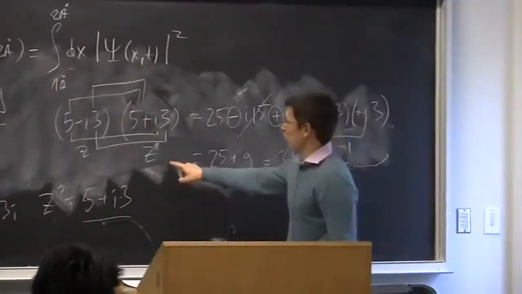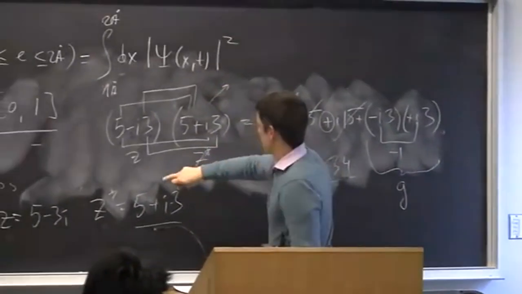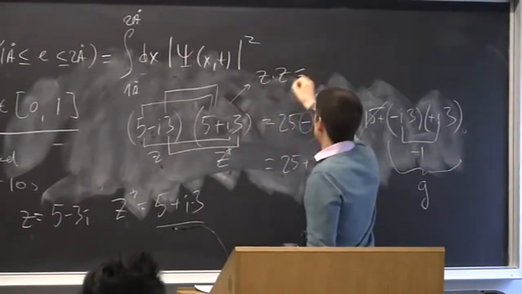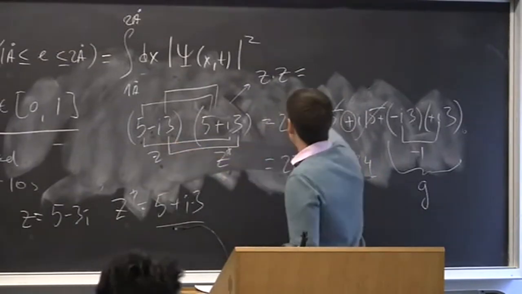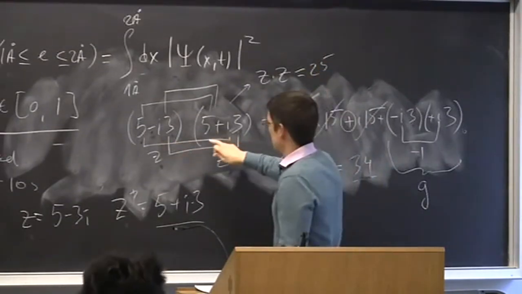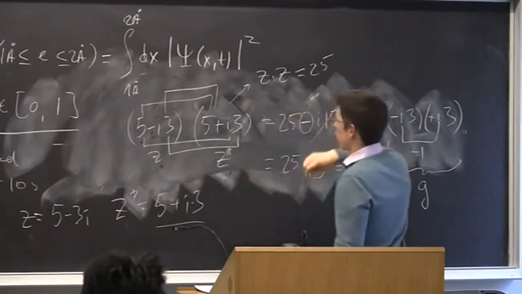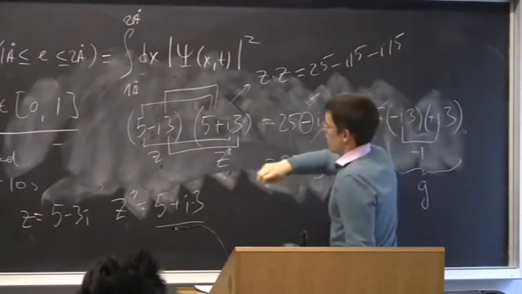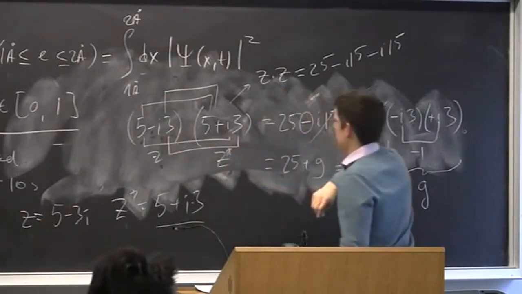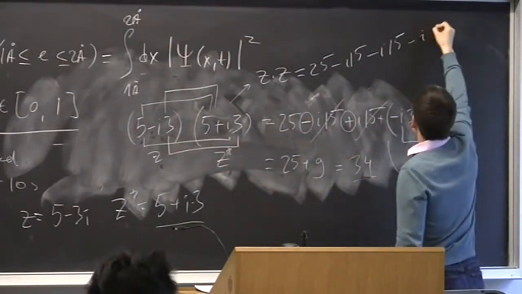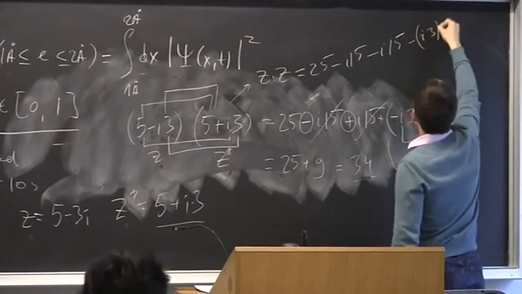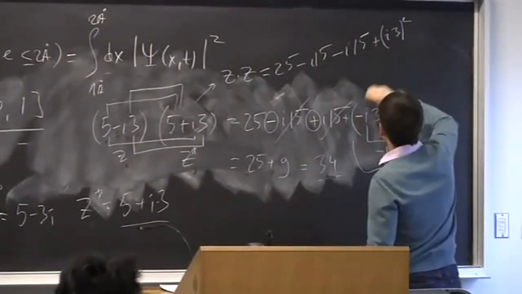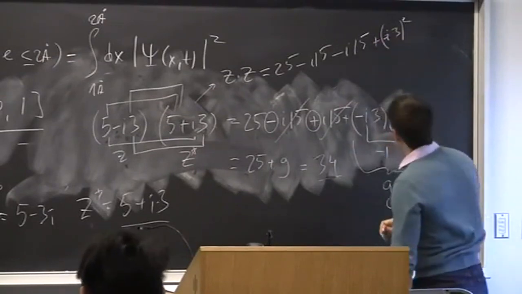and that's what we wanted. Now, you can imagine if instead of Z star, you do Z times Z, Z squared, essentially, the result will be different because you get 25 initially, then you get minus I3 twice times 5, so minus I15, minus I15, and then you will get minus I3 twice, essentially squared, with a positive sign here and minus I3, right?